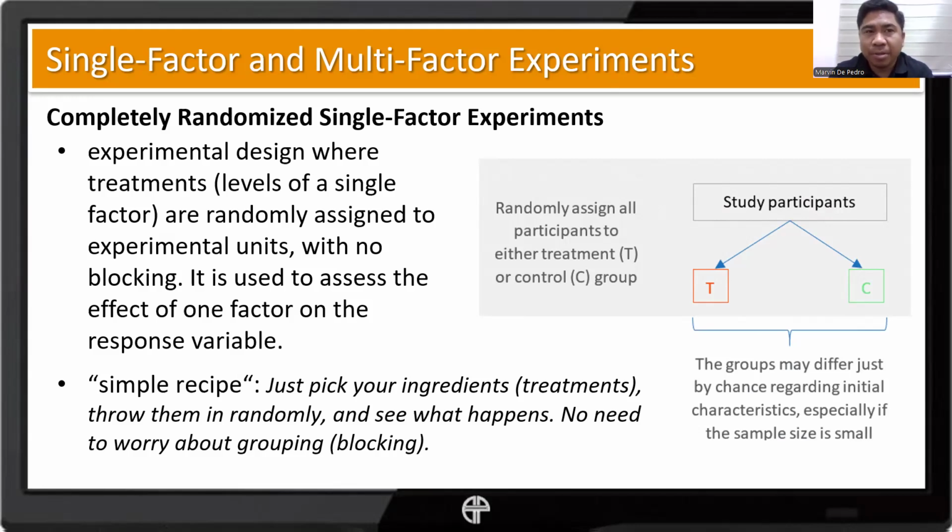But I'm going to introduce only the terms. You can take a screenshot of each. One of the most commonly used types of experiments is the completely randomized single factor experiment.